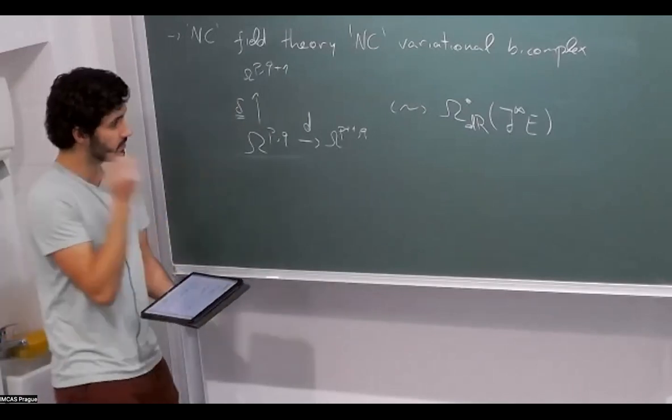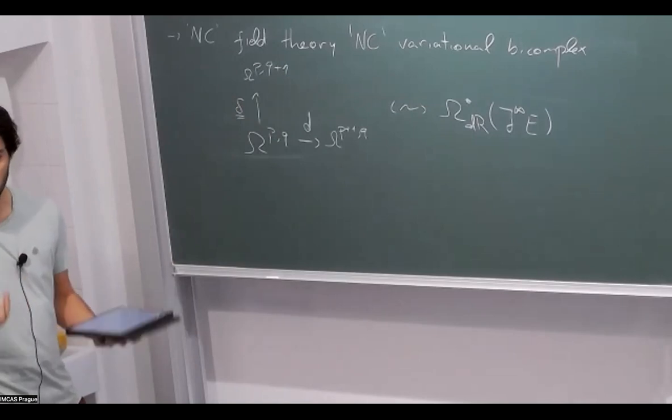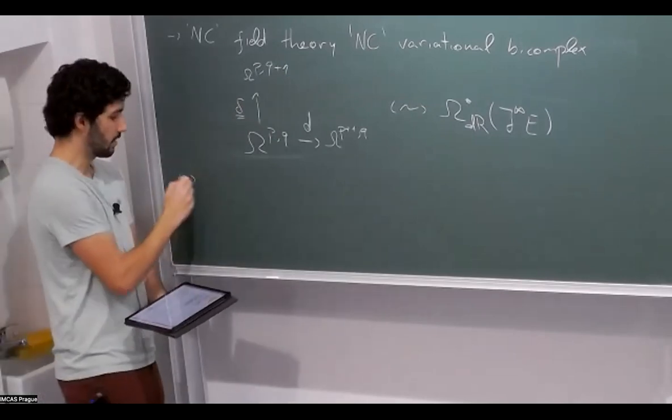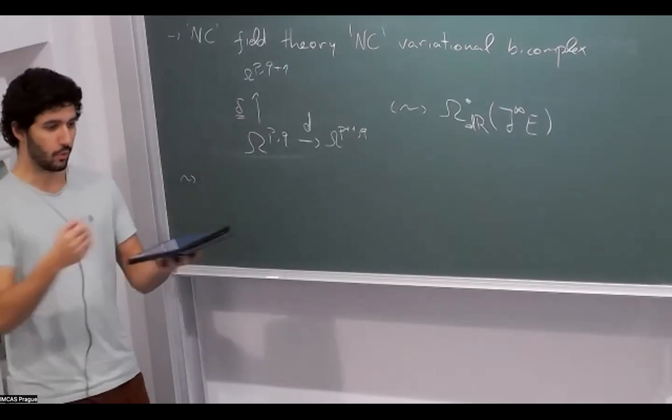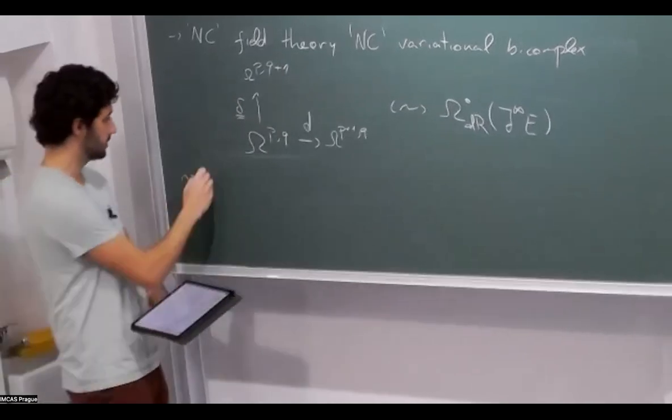And if we have this, then we could get all kinds of interesting stuff that we want in physics. If we have an action, we could derive the Euler-Lagrange equations of motion from it.